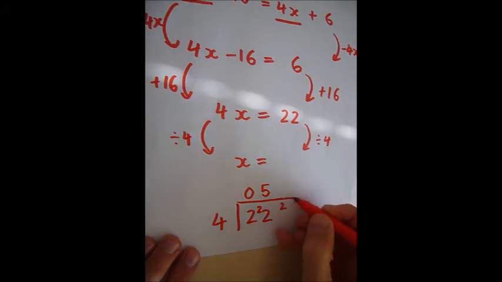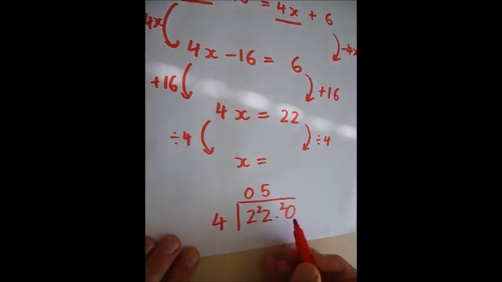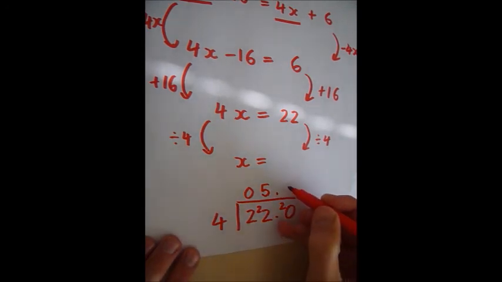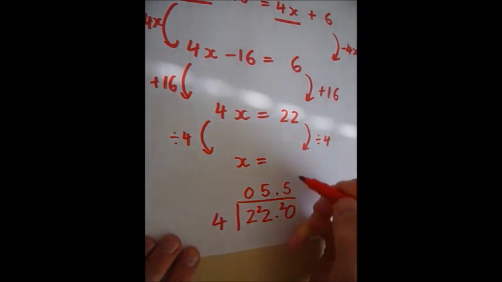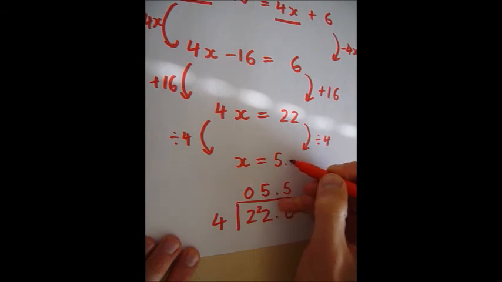Now at GCSE, I wouldn't just write remainder 2, I'd need to change this to 22.0, which of course is the same value, but that can help me work out the decimal remainder. So I've put my decimal point there as well. So now 4's into 20 gives me 5. So my solution to this equation is 5.5.